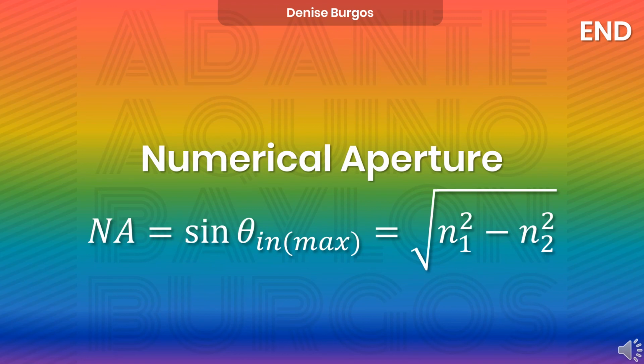The formula for the numerical aperture is NA equals sine theta_in(max), which is equal to the square root of n1 squared minus n2 squared.